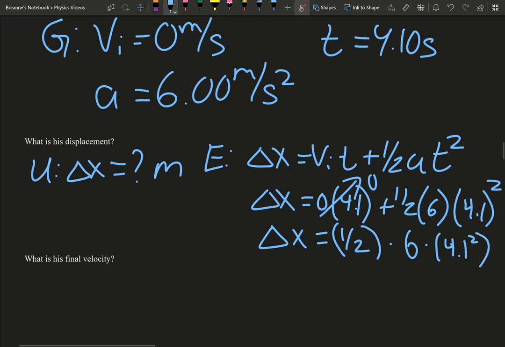That's how I'd plug it into the calculator. So you get 1/2 times 6 times 4.1 squared, and you get that your delta x equals 50.43 meters. And that is your answer.